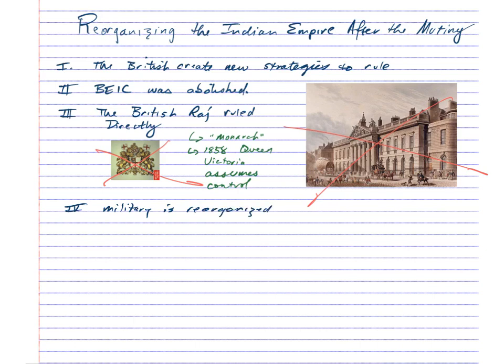Part 5, Queen Victoria is officially named Empress of India.